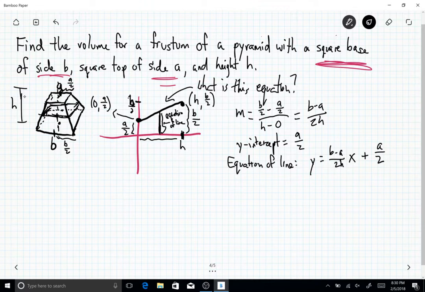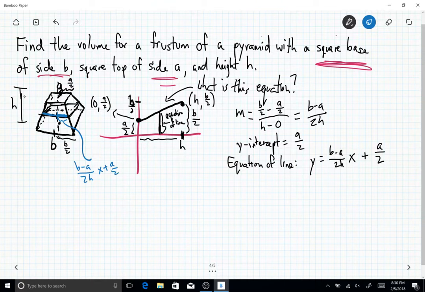But notice that square, we only have a sliver of that, and so we're only worried about this. So in order to do that, we're going to need to double it and then square that double. Okay, so this distance right here would have been the b minus a all over 2h times x plus a over 2.